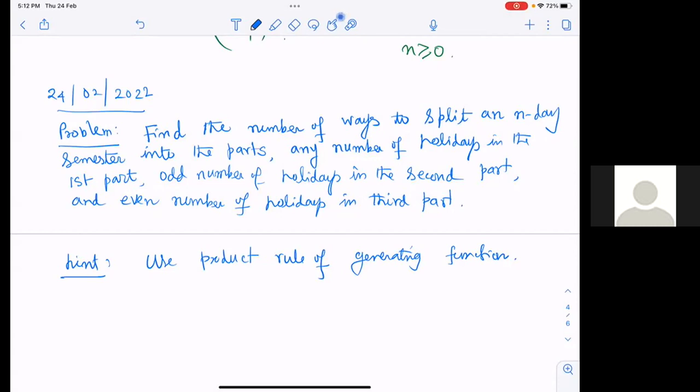Think about the problem, and if someone comes up with an idea, it will be good. Probably, I think one should mention here that some part can be empty also.